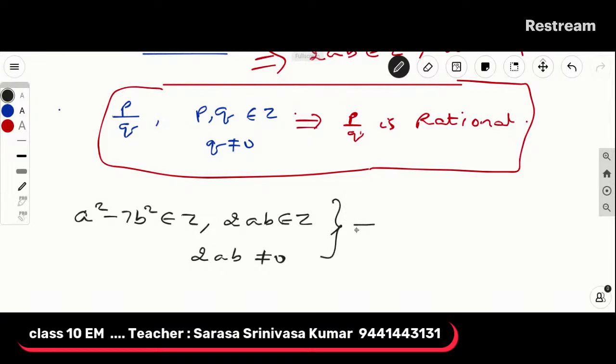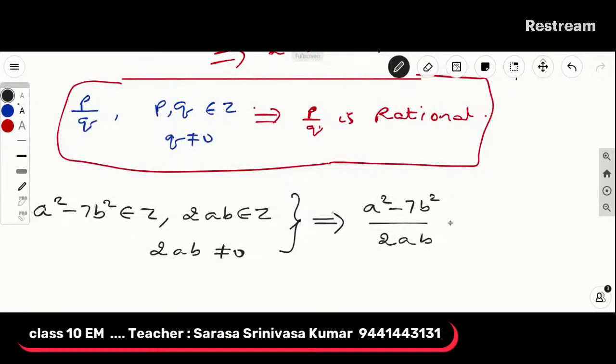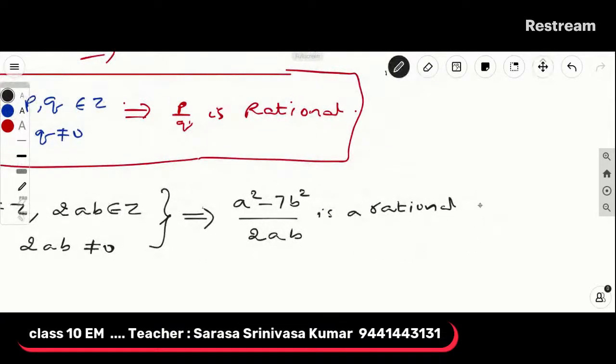So this implies that a square minus 7b square by 2ab is a rational number. We can write it is a rational number. This is by the definition of rational number.